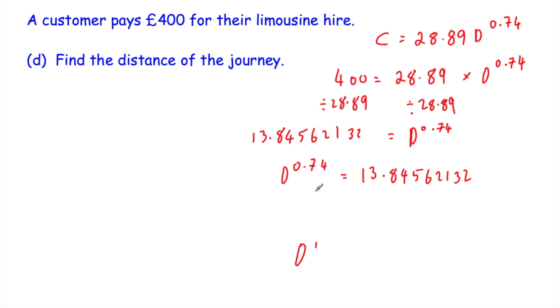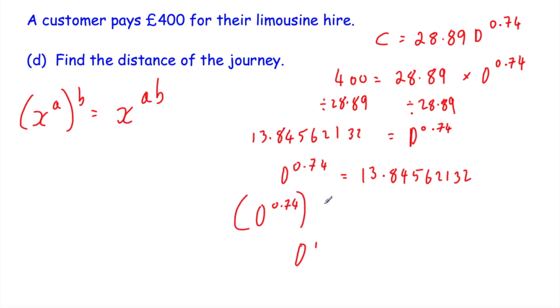To do that, remember the laws of indices: if we had x to the power of a, and we raise that to the power of b, that's equal to x to the power of ab, where you multiply the powers together. So whenever we raise both sides of this equation to a particular power, we have d to the power of 0.74 in brackets, and then a certain power, and when we multiply those two powers together, we want an answer of 1.